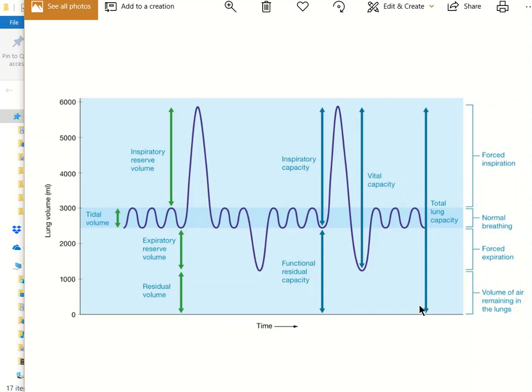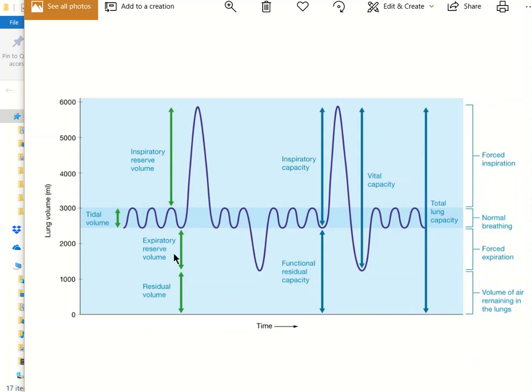During class, I mentioned the property of lung compliance. We talked about how the lungs should be able to both expand as well as retain their original shape when they deflate. So IRV, your inspiratory reserve volume, is going to give you a good indication of lung compliance, because it's the maximum that you can take in to your lungs.